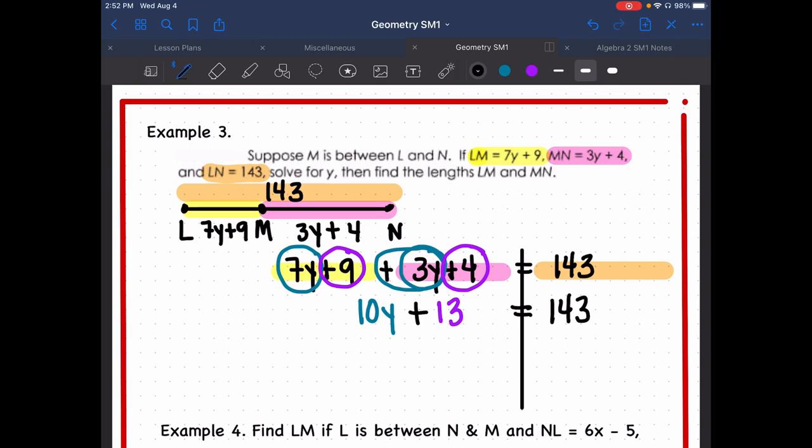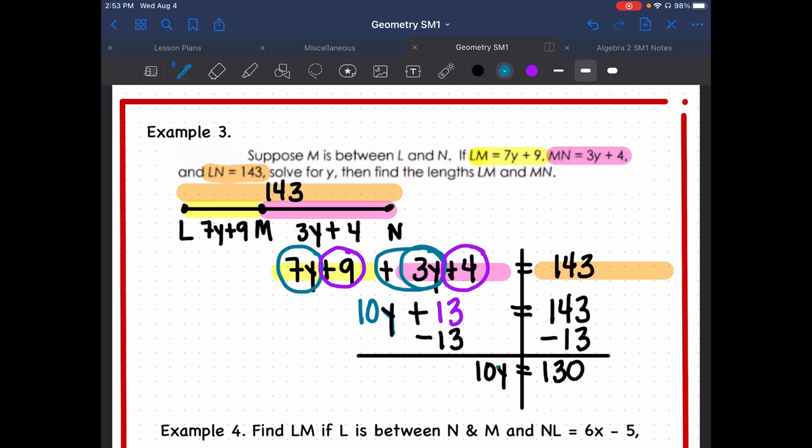Now we're working on the side where the y is, so I'm going to make the y black this time. I'm going to undo my addition or subtraction by doing the inverse. I see add, so I'm going to subtract 13. Subtract 13. Bring down that 10y. 143 minus 13 is 130.